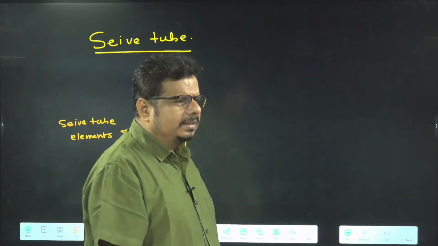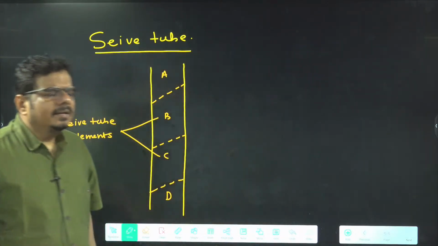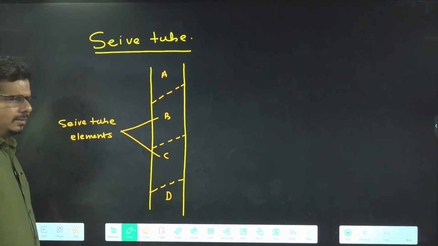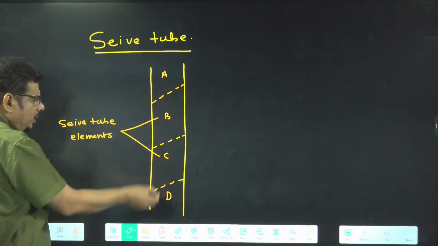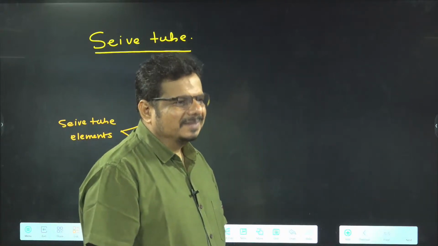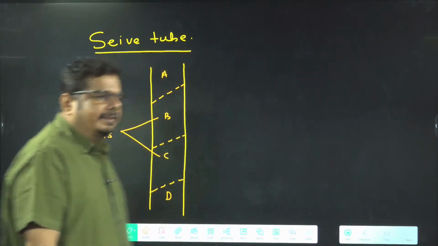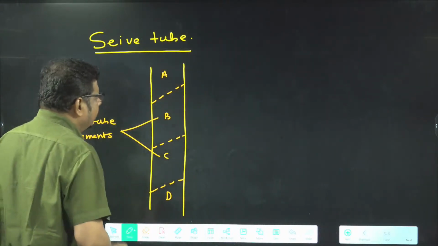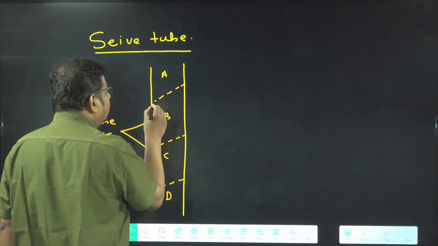Don't confuse. Sieve tube element or sieve elements. So these are the cells. So sieve tube is made up of a single cell or many cells? Many cells.